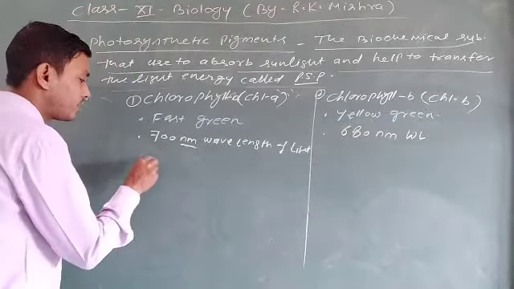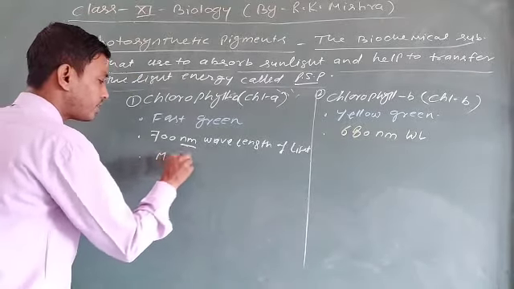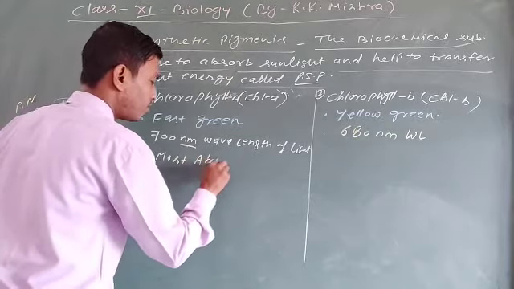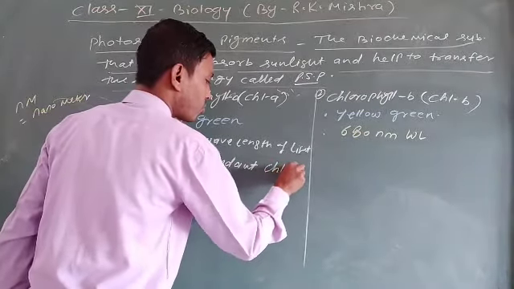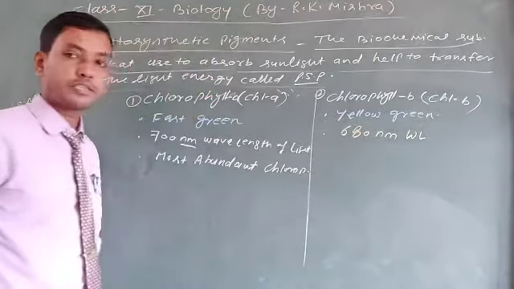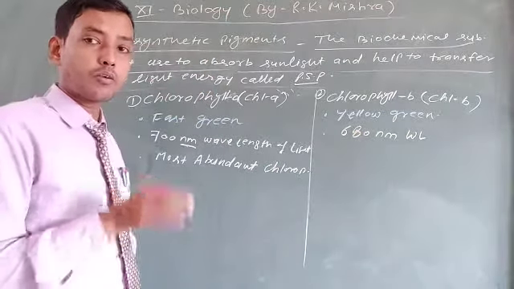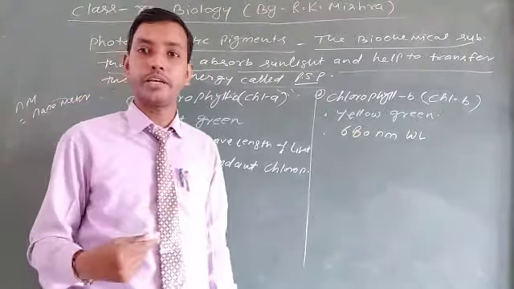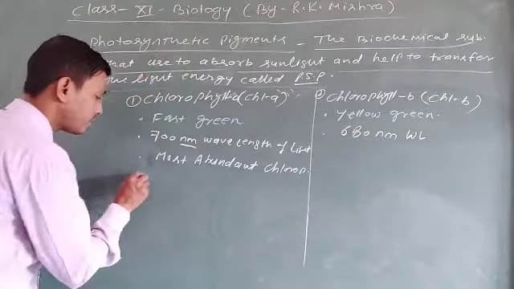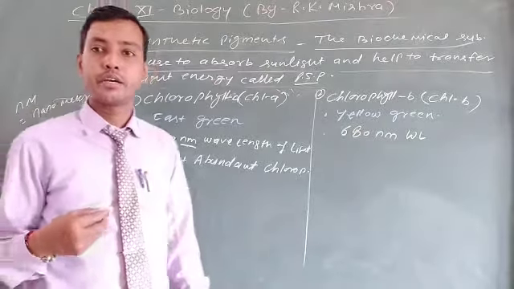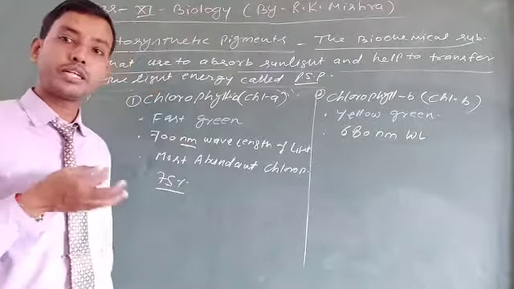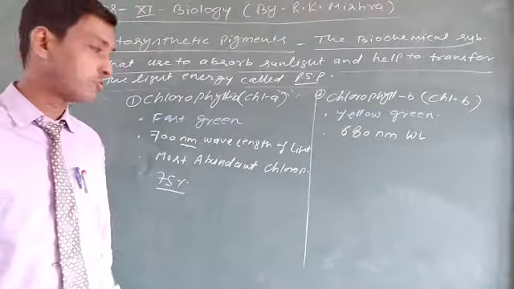Now, it is the most abundant chlorophyll in plants. Which chlorophyll is the most abundant in plants? Chlorophyll A. It is 75% of the total chlorophyll.